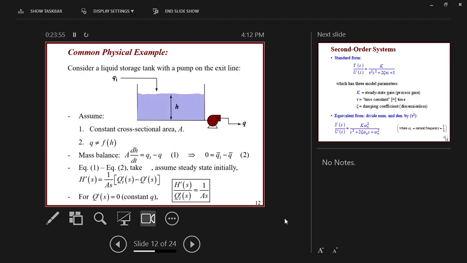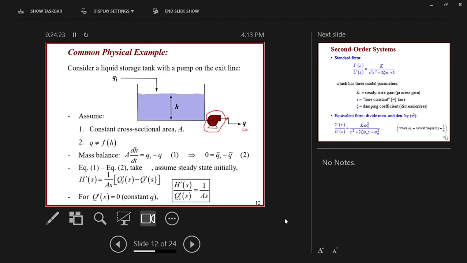Now you may wonder what kind of process can be an integrating process. If we go back to our tank system and we install a pump on the outlet of the tank. When we install a pump, that means we have fixed the output Q. The output from the pump has a fixed flow rate.